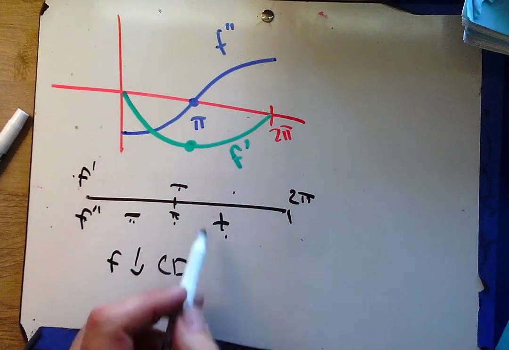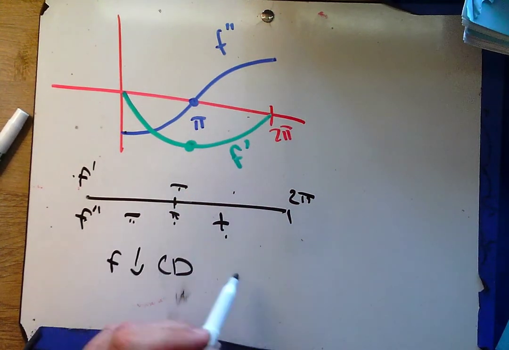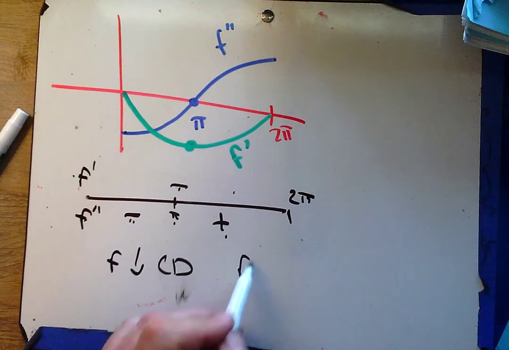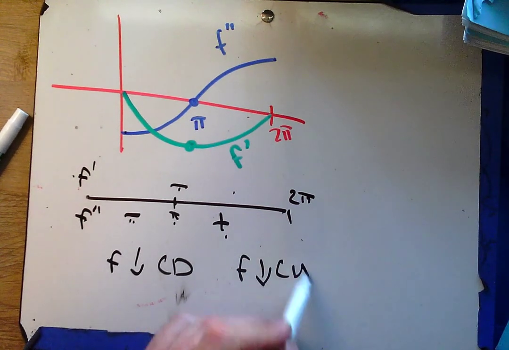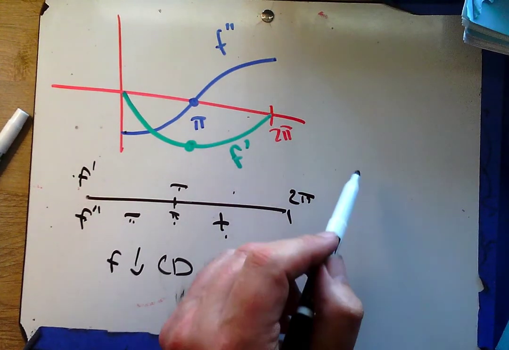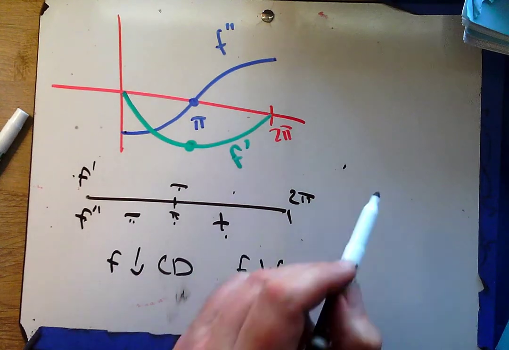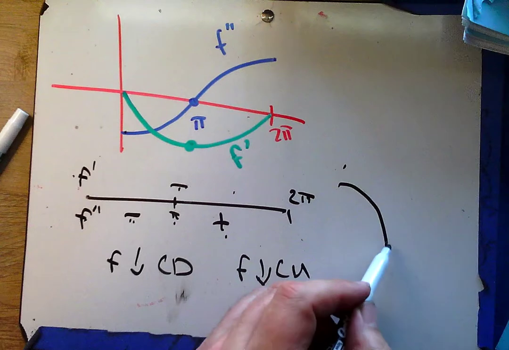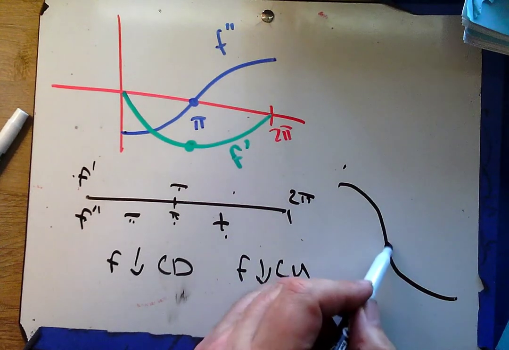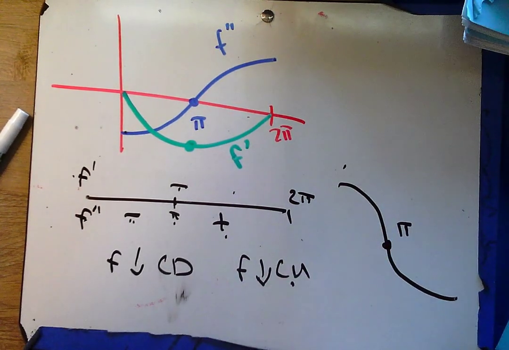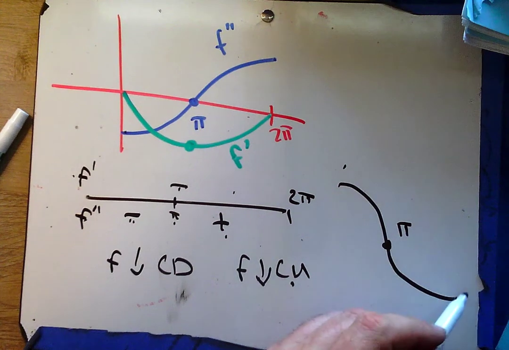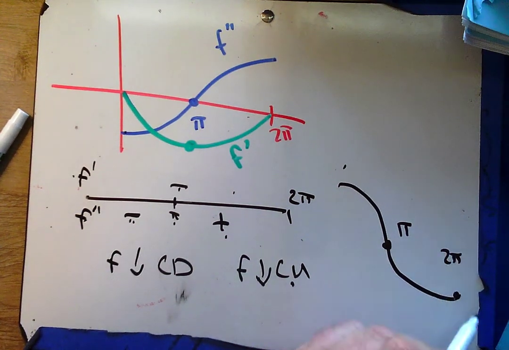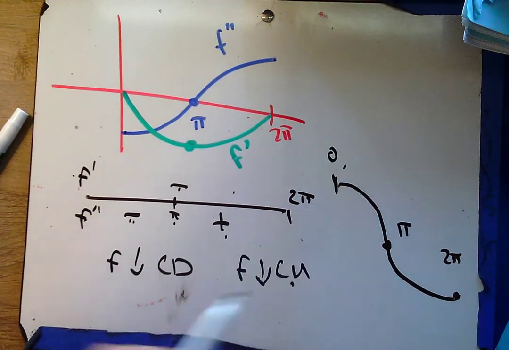And then here, we're still on a decreasing f, but now we're concave up. F is decreasing, but concave up. So I want decreasing and concave down, and then I want decreasing and concave up. This point is pi. This is 2 pi, and that is 0.